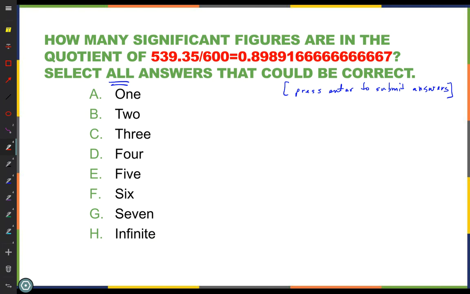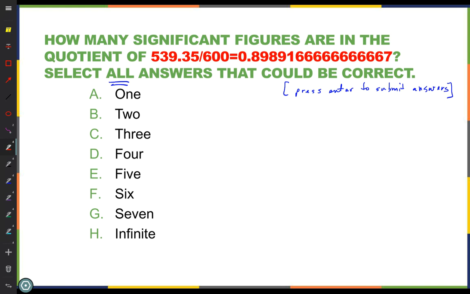I have this number, 539.35 divided by 600. You have no additional information besides what that is. The number is what the calculator tells you. Select all of the answers that could be correct based on the information that was given, and then press enter to submit your answers. So this one is ambiguous. There's more than one possible answer.